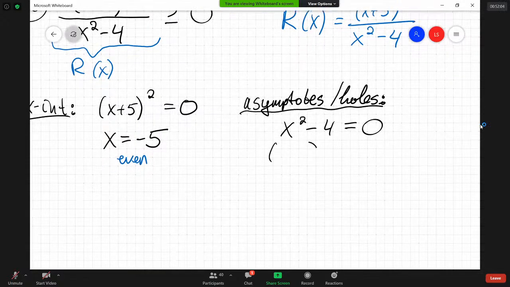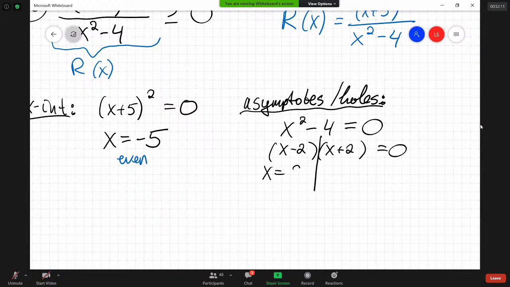This one isn't factored, but it factors as x minus 2 times x plus 2, giving us x equals +2 or x equals -2 as our asymptotes. I'll just call them asymptotes. We don't really need to differentiate between a hole and an asymptote for inequality. For a graph we would, but not for inequality. And both of these are odd multiplicities.